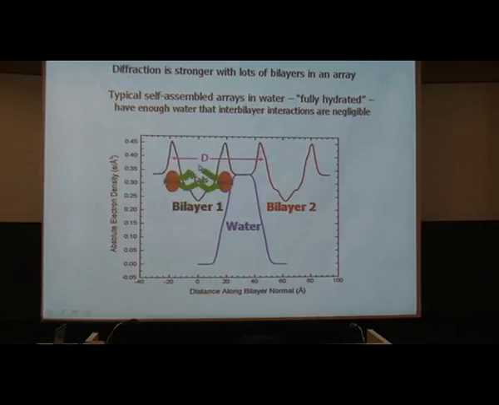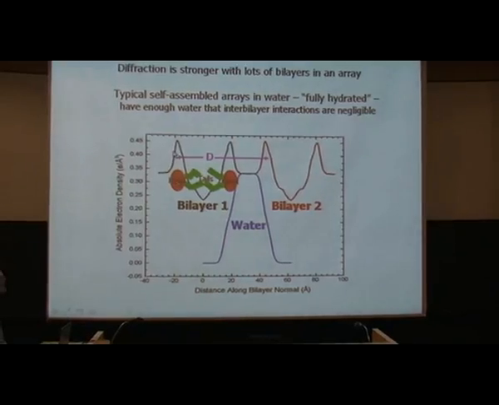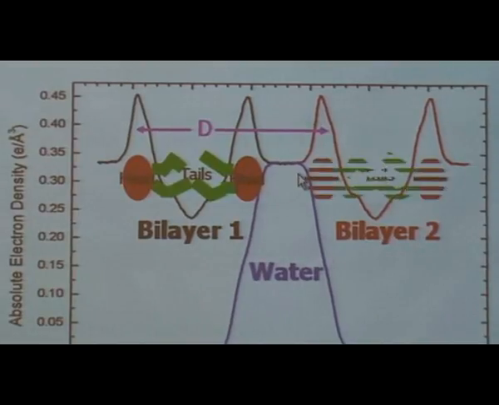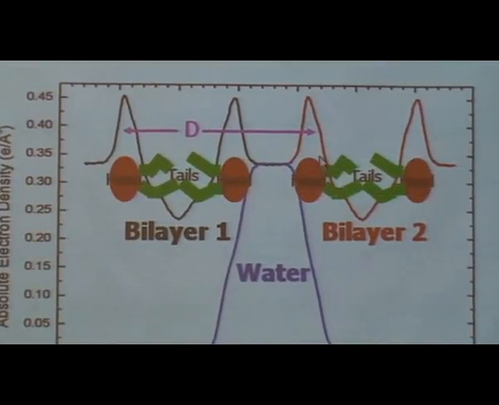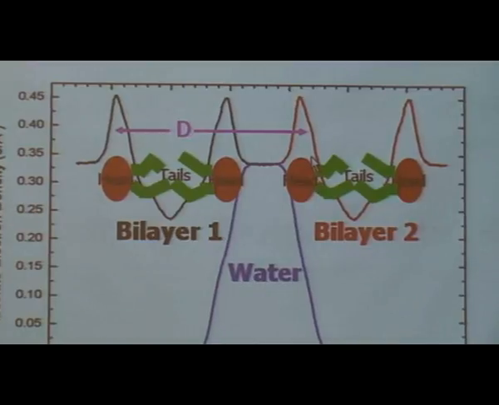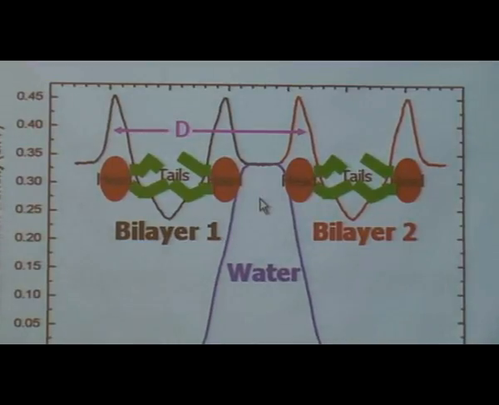This shows you where those peaks correspond to the different parts of the lipid. The head groups are the ones that are electron dense, and so the lipid is packed like this, and here's another lipid over here, packed like that. The major point of this slide is that there's a lot of water in between them.